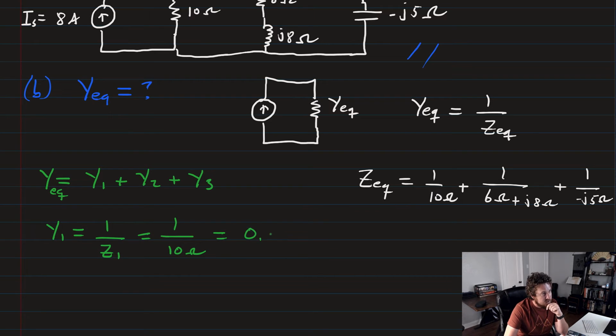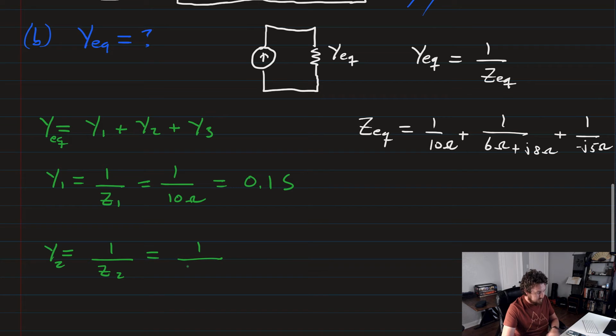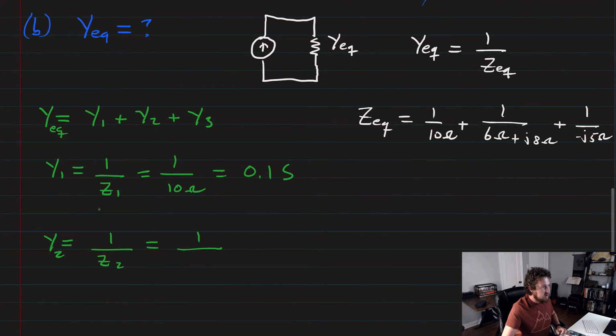So that's just going to be 0.1 S. Remember, the unit of admittance is Siemens. Now let's do Y sub 2. That'll be slightly more interesting. Y sub 2 is 1 over Z sub 2, and that's going to be equal to 1 over 6 plus J8 ohms.